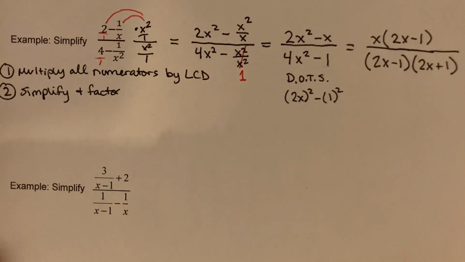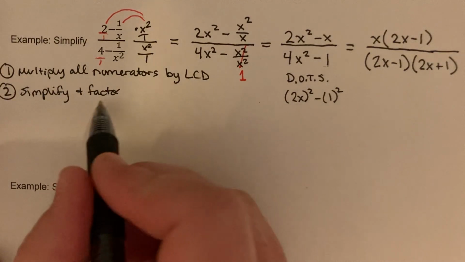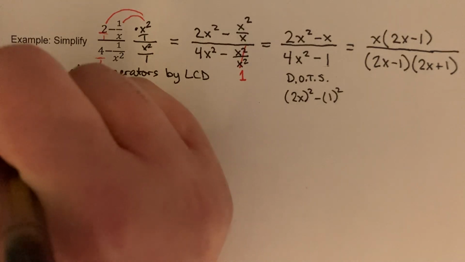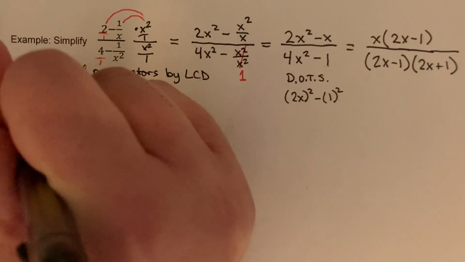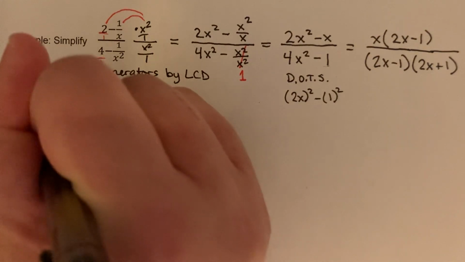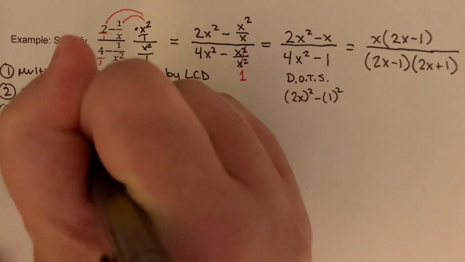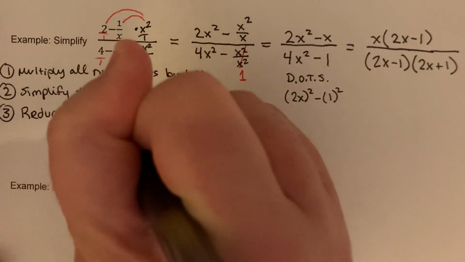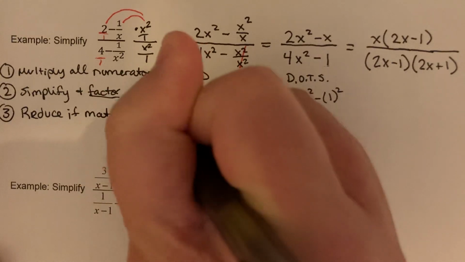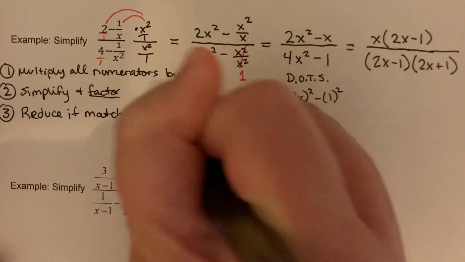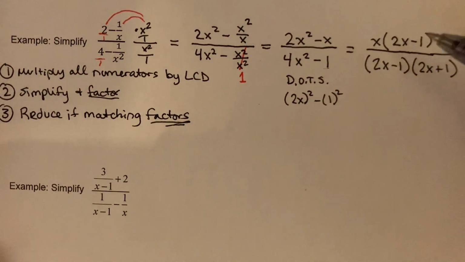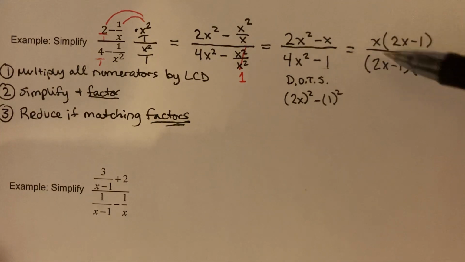All right, well, speaking of canceling, now after it's factored, now we can reduce. So we can reduce the fraction, meaning cancel, if there's matching factors. And I'm underlining factors again because it's really important. We don't want to just say, oh, look, there's an x here and an x here, those cancel.